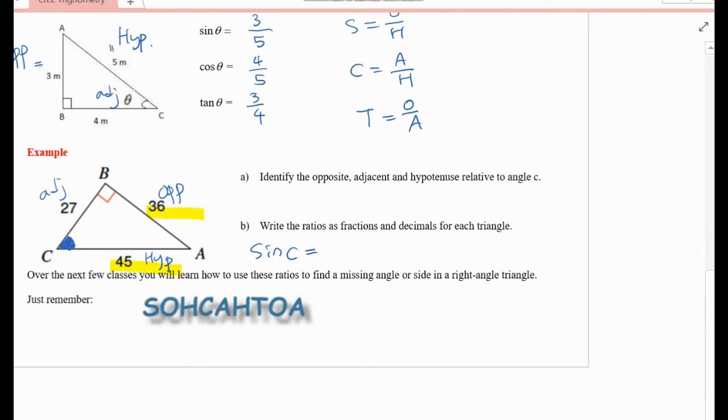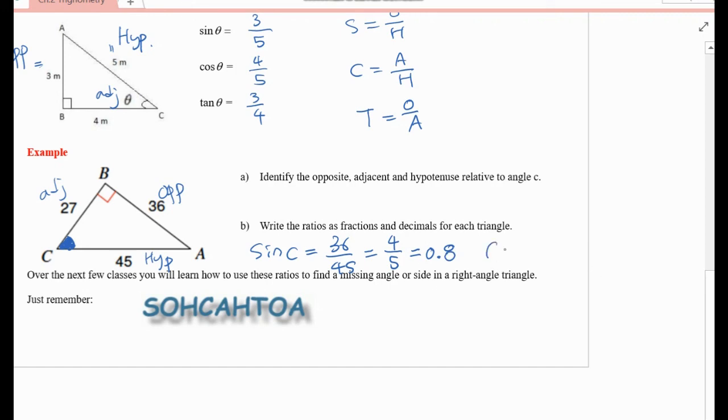Hypotenuse is 45. So 36 over 45, right? Let's reduce the fraction. We divide both numbers by 9. So 4 over 5. If you change this to a decimal, that is 0.8. Use your calculator to calculate this.